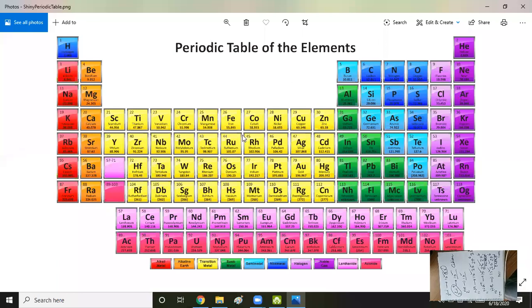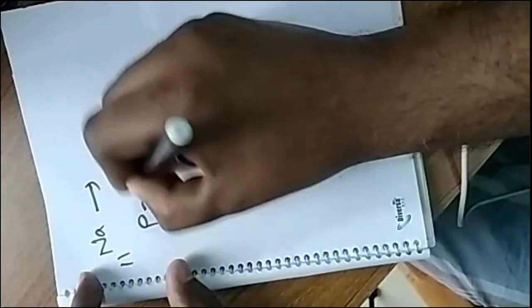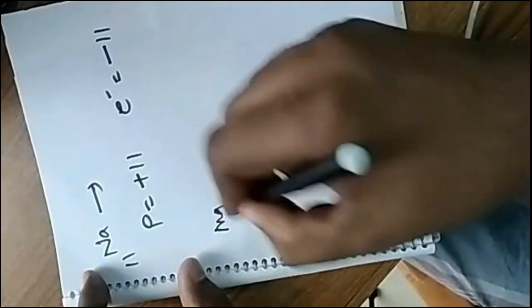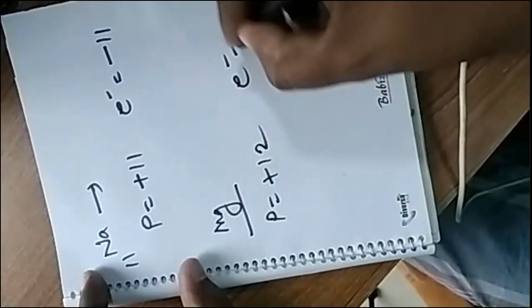To make you understand, I am going to my copy again. In the case of sodium, the atomic number is 11, so protons will be 11 and electrons will be 11. But in the case of magnesium, protons are 12 and electrons will be 12.